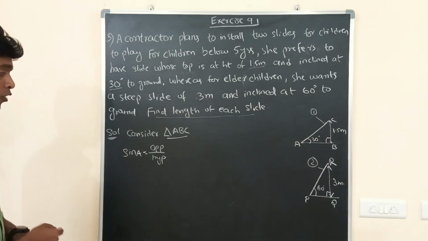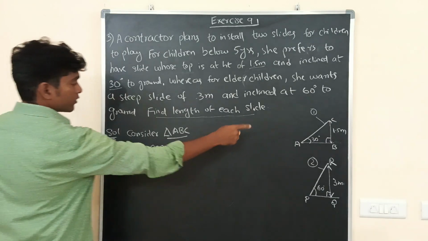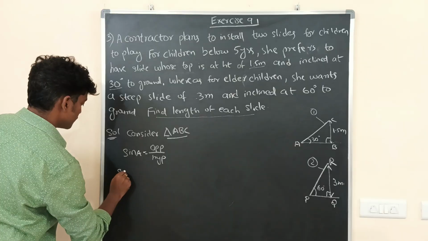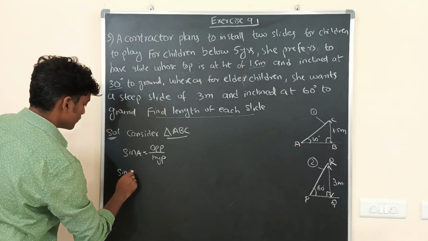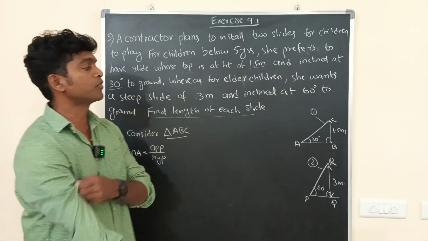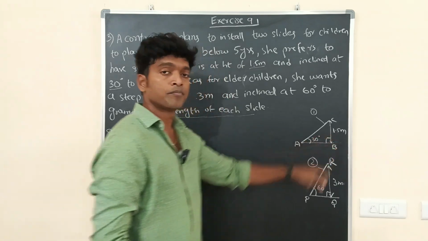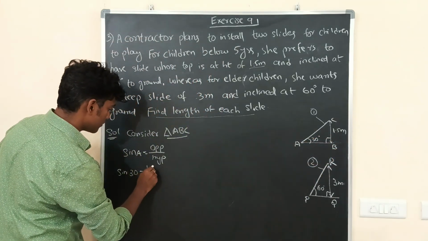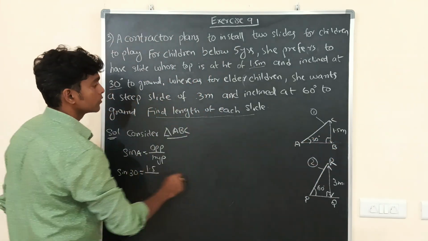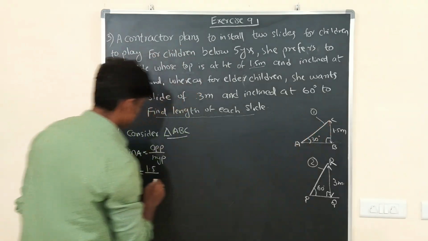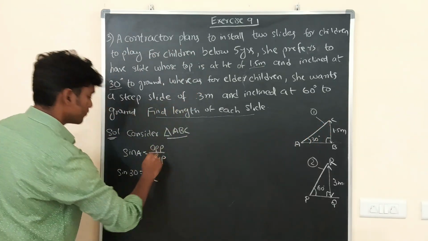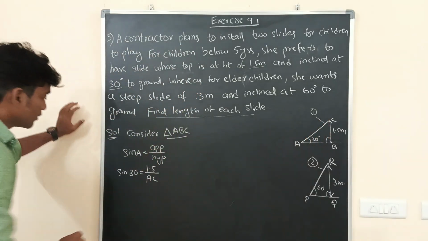Why sine? Because we have the opposite side. So sin 30 is equal to 1.5 meters by hypotenuse AC. What is sin 30?